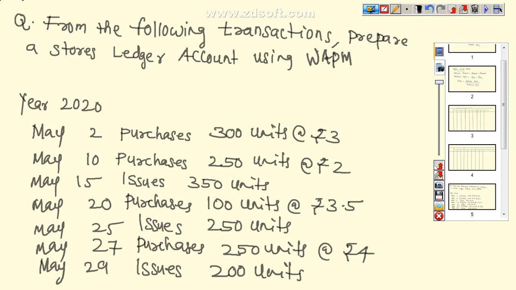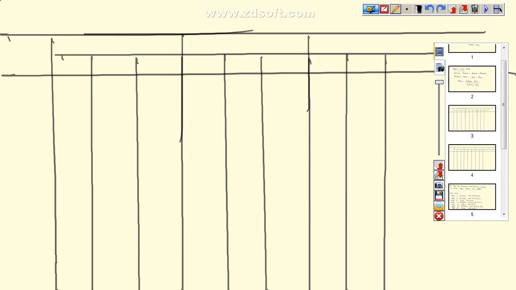Here we have to prepare a stores ledger account using the weighted average price method. We prepare the stores ledger account in the same format as the FIFO and LIFO methods. We write it here: stores ledger account, the method we are following is the weighted average price method.